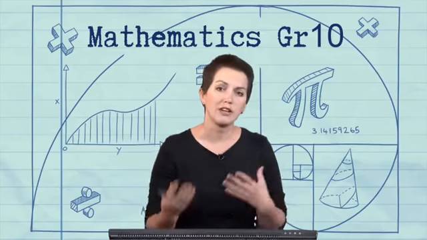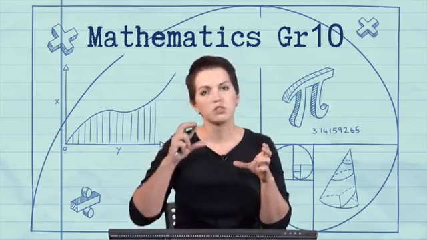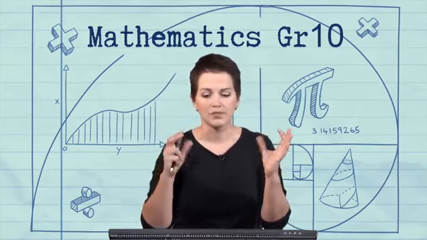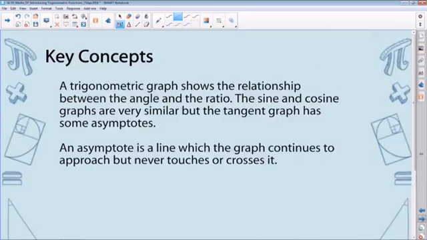Now with trigonometric functions, we're talking about the relationship between the ratio and the size of the angle. And I'm going to go to our first slide for today, which talks about the key concepts and has this in mathematical language. It says a trigonometric graph shows the relationship between the angle and the ratio.